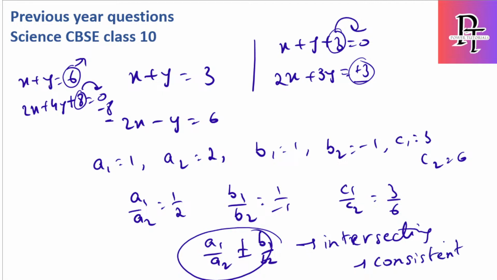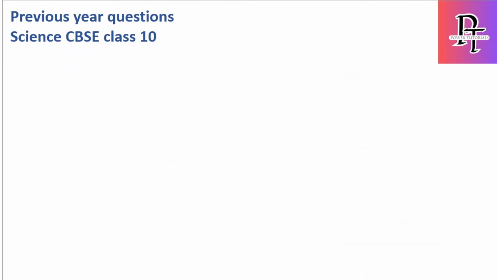Okay, so hope now you understood how to solve these parts. So let's move to the next part, that is methods to solve pair of linear equations. In total we have 3 methods.